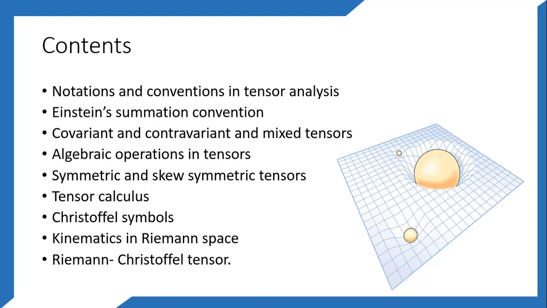So you will learn about symmetric, skew-symmetric tensors. Then you will learn about tensor calculus and many other symbols, spaces and forms of tensors which you will be introduced to later as a form of physical analysis of these tensors.